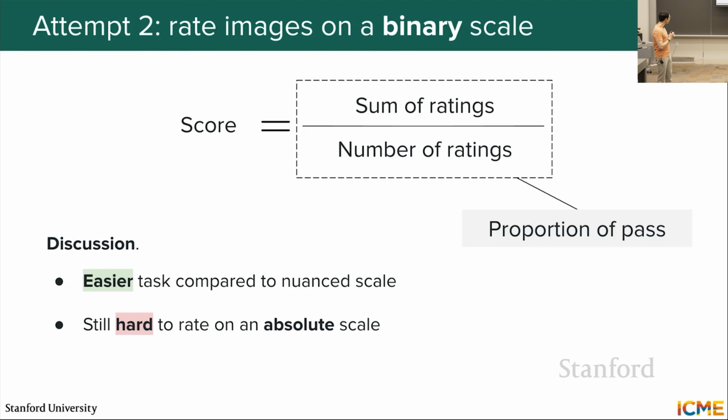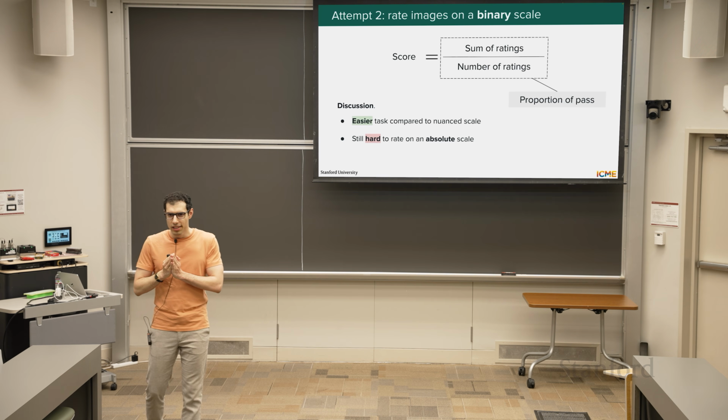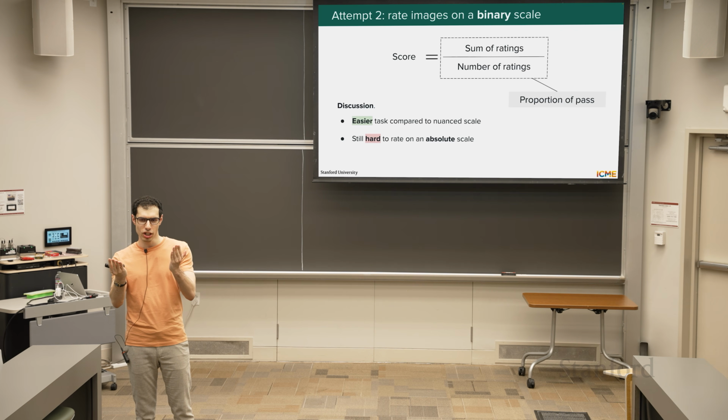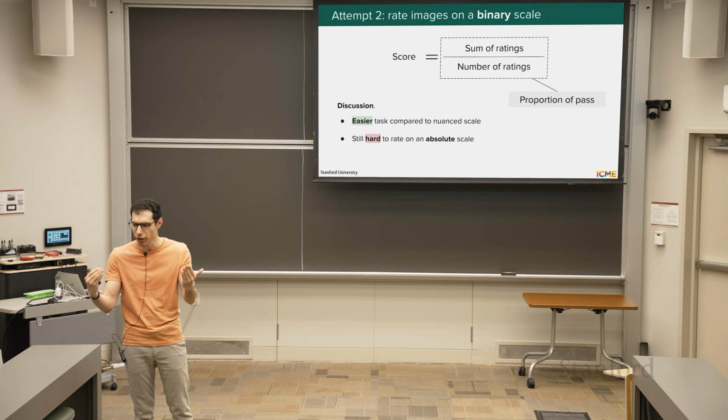But one problem is humans, although it's on a binary scale, they have a hard time evaluating things on an absolute scale. So it's easier for you to, let's say, compare two things as opposed to saying whether something is passing the bar or not, because you need to have some reference.